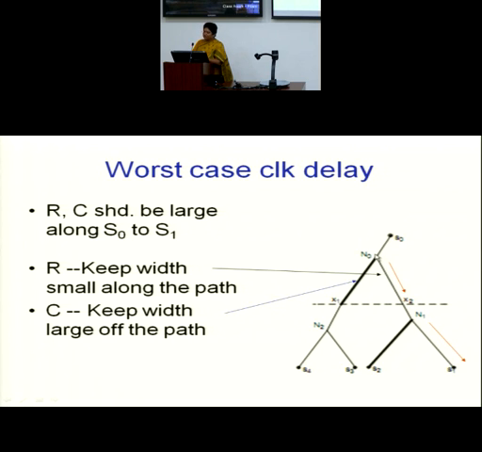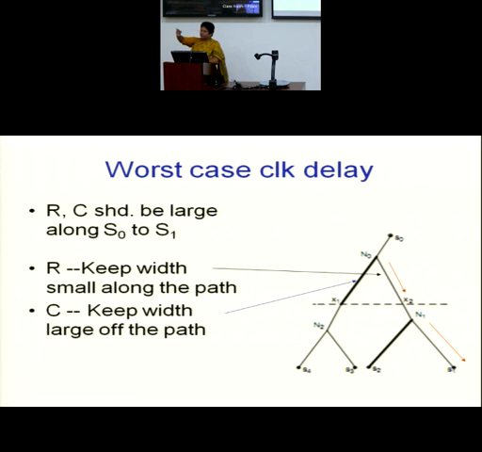And there is also a split point. So for the best delay, all loading attached to my path from S0 to S1 should have minimum C, which is coming from off the path. It has its own loading plus the loading coming from the split points. That is the best delay I am looking for.